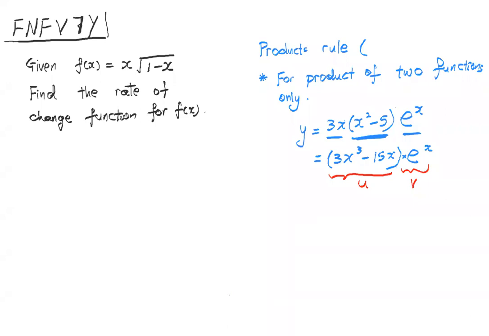If I want to do it the other way around, can or not? Do I have the freedom to do that? The answer is yes, because product is commutative. A times B is the same as B times A. Only for product, it's commutative. That means you can interchange. 2 times 5 is the same as 5 times 2.